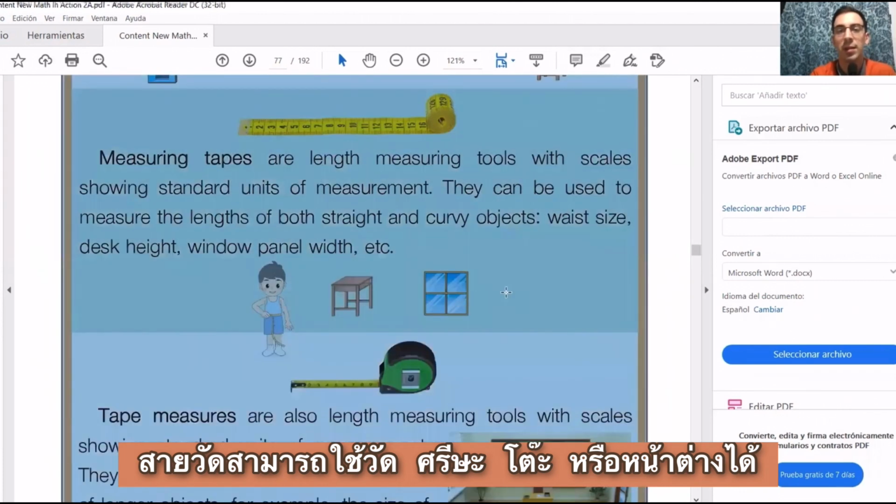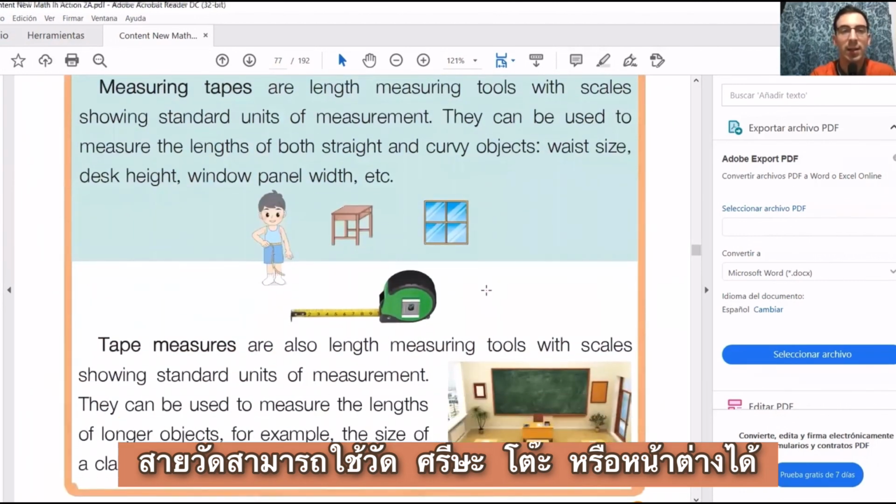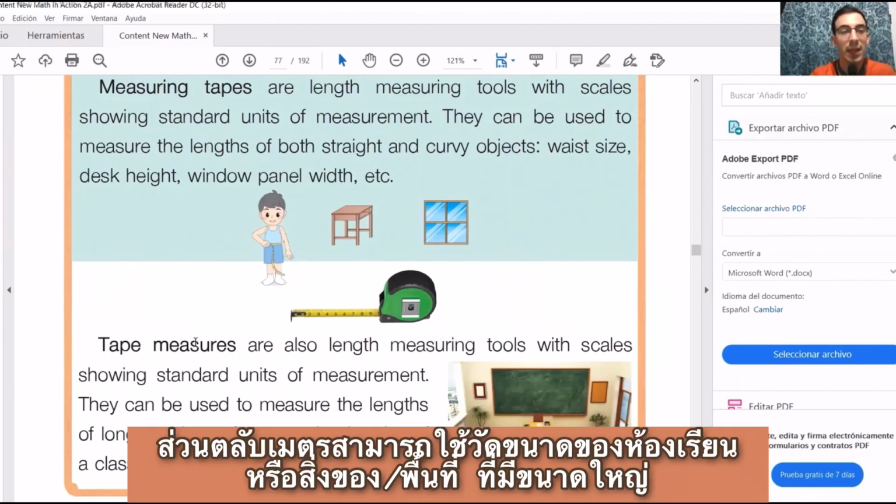And tape measures are for big spaces or materials. For example, here is an example of the size of a classroom. If we want to know how long or how wide our classroom is, we don't use a ruler, right? It would be very difficult, so we can use a tape measure.